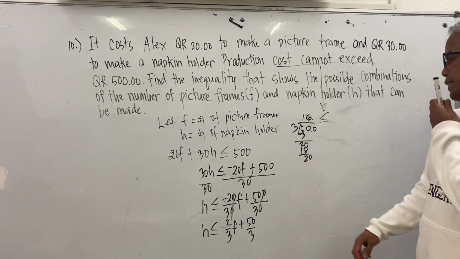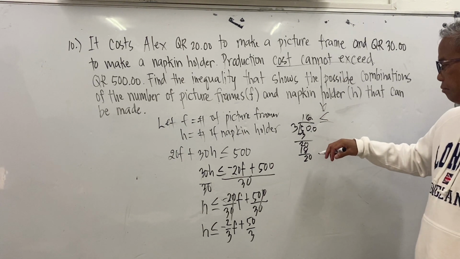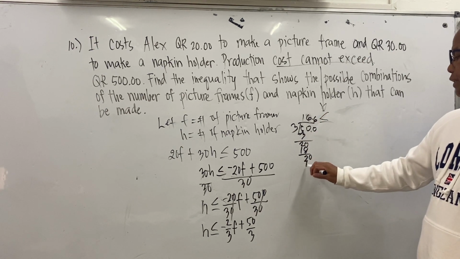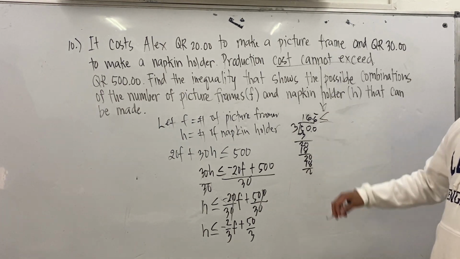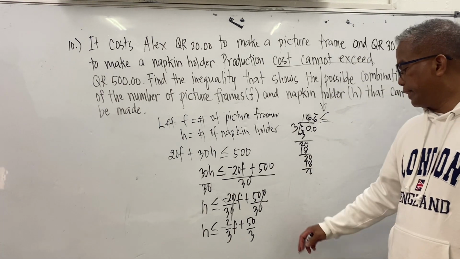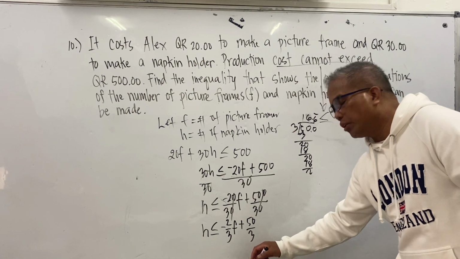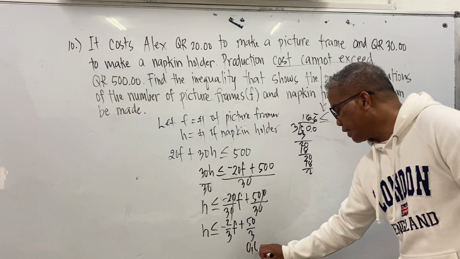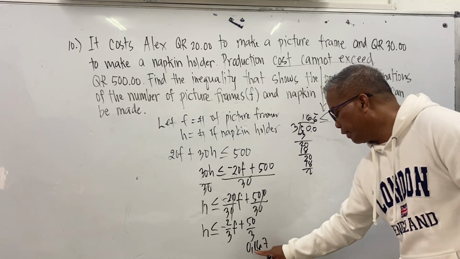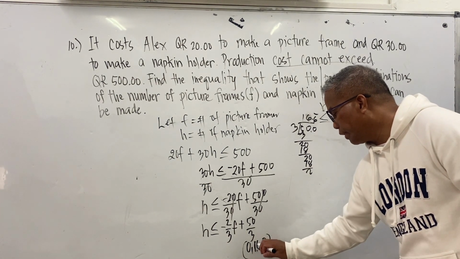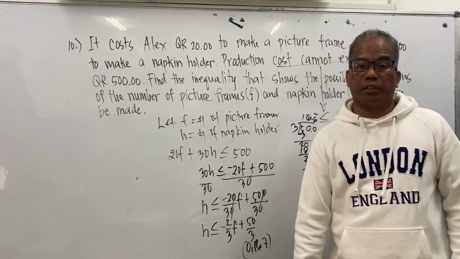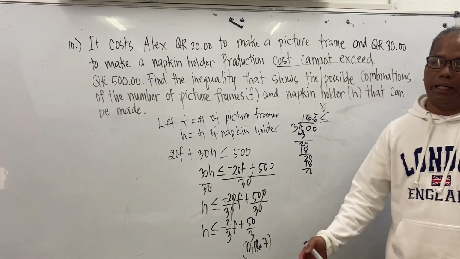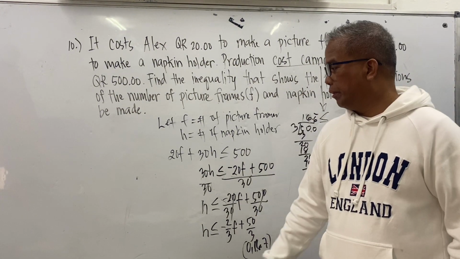We have 20, 3 times 6 is 18, then 2 again, so repeating decimals. So 16.6, so 16.7. So we can use this point (0, 16.7) here, approximately 16.7. So why do we change it to decimals? Because we need to draw the graph.